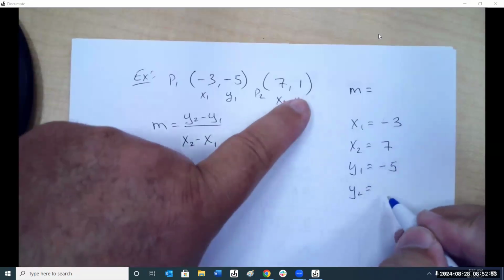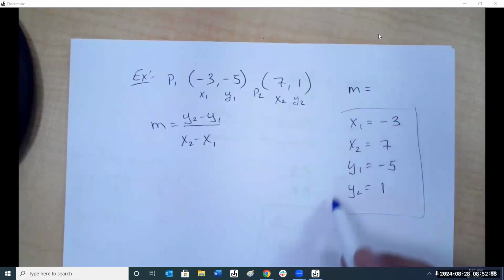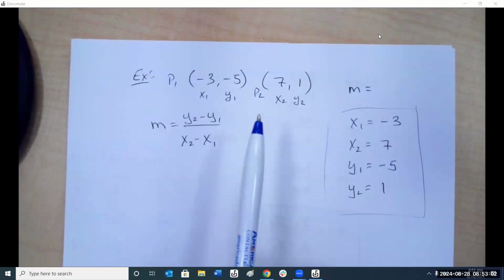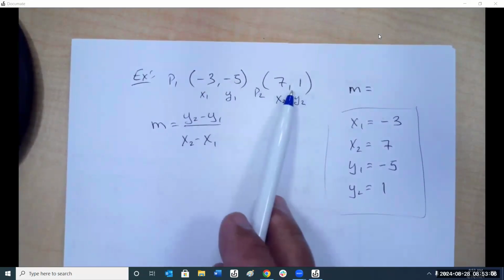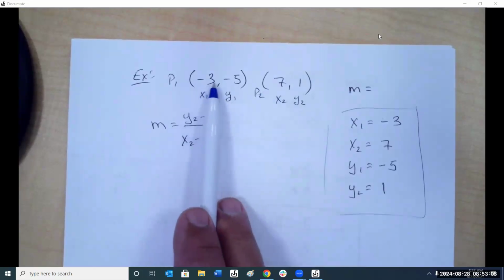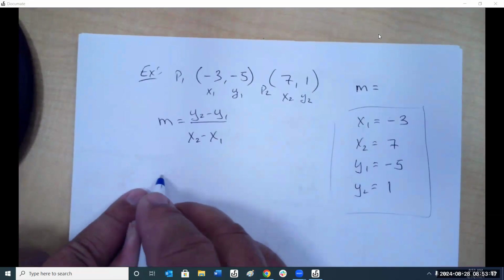X2 is 7. And Y2 is 1. It sounds trivial, but I guarantee you the most common mistake I see on students' exams, if they just go right from these, is they write x1, x2, y1, y2. I've seen it 1,000 times. So if you label like this, all you have to do now is just plug and play.